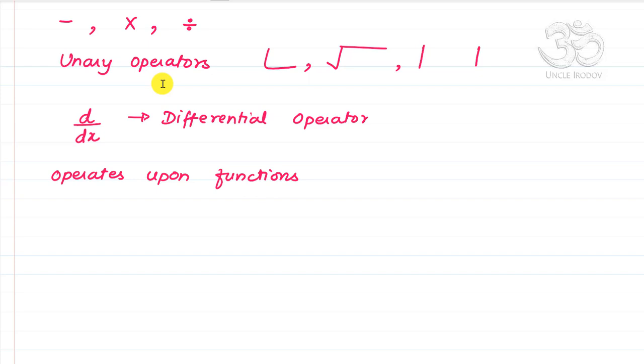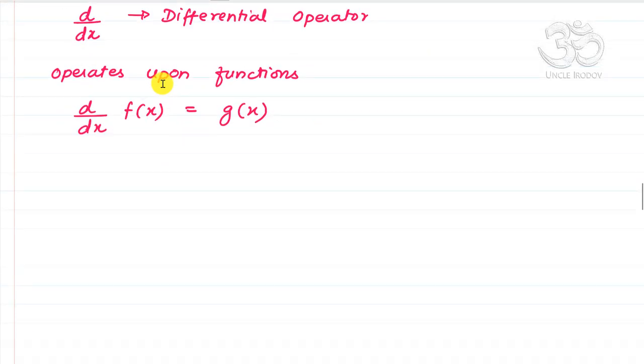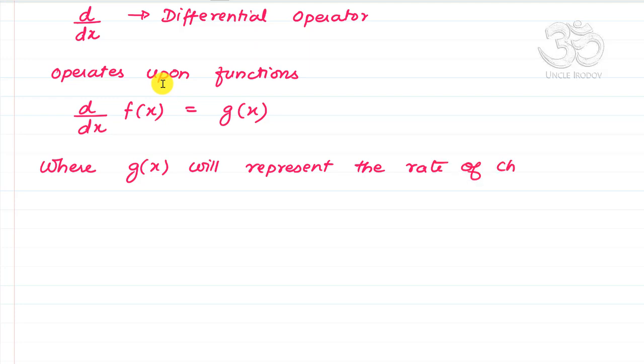So it can operate upon any function of x, and its answer will usually be another function of x, where g(x) will represent the rate of change of f(x) with respect to x.